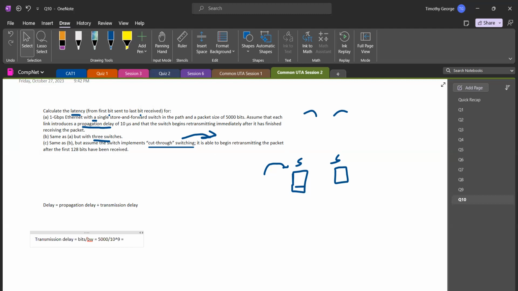That's going to give you 5 into 10 to the power minus 6 seconds, since gigabits is per second. That's basically 5 microseconds, so let's just write 5 µs.